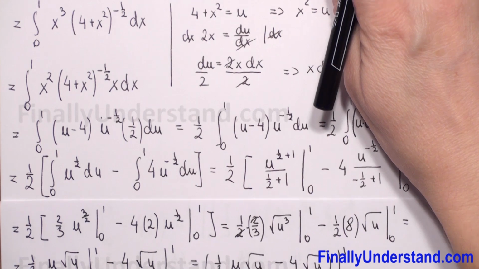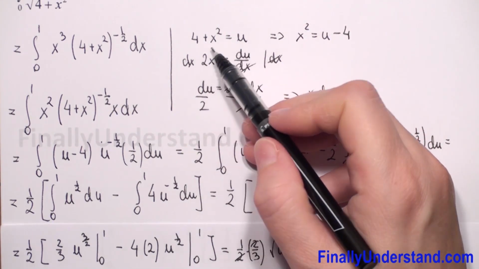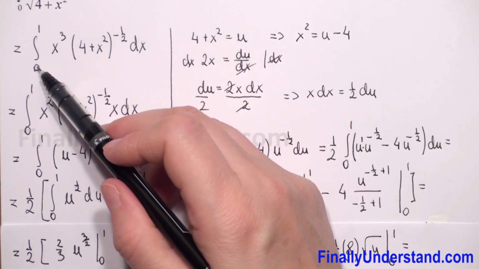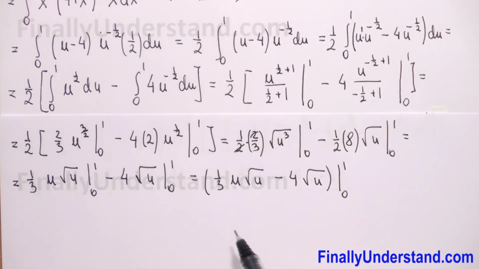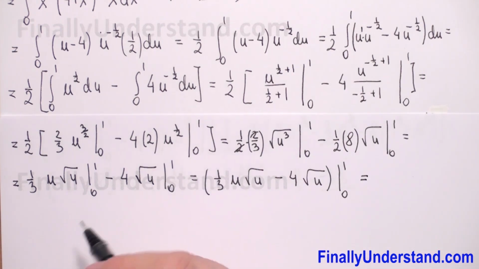At the beginning, when I wrote the substitution for 4 plus x squared equals u, I didn't change the limits. We have a definite integral, so now I have to come back to our substitution before I plug in limits. So this is equal.